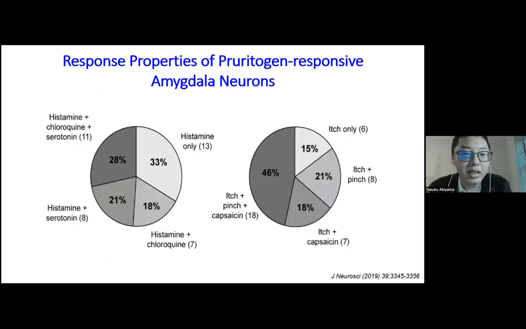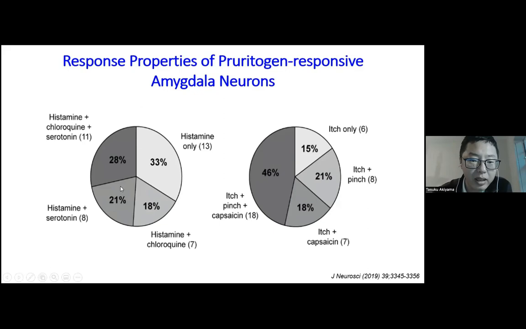And then here, we check the response properties of the itch responsive amygdala neurons. As I mentioned briefly at the beginning, for this electrophysiology recording, we inject a small amount of histamine to identify the single unit. So all of the neurons respond to the histamine.